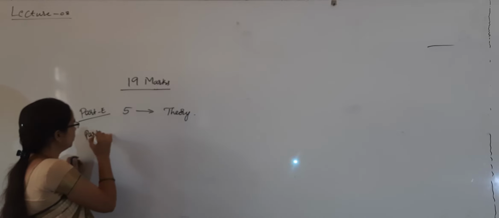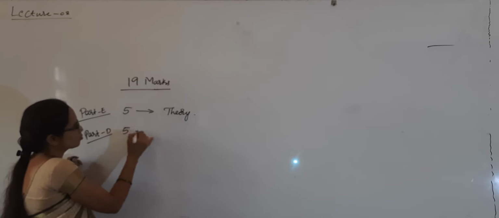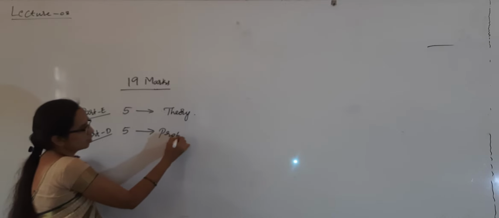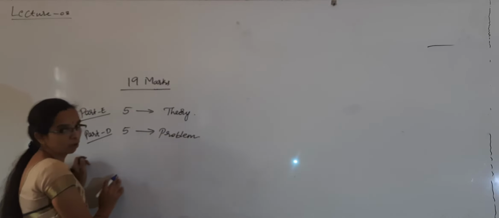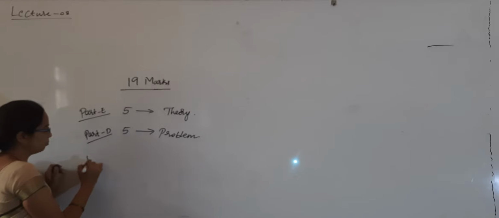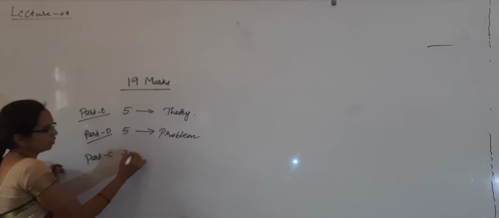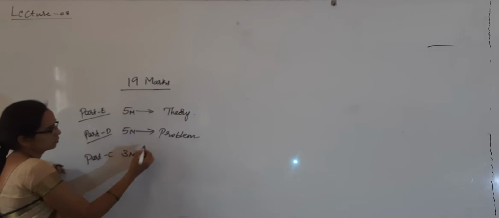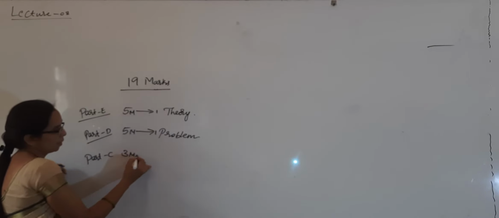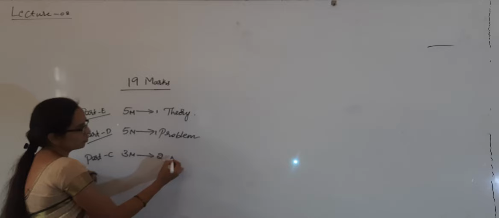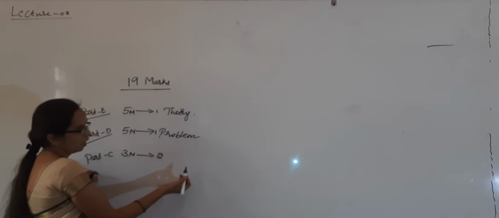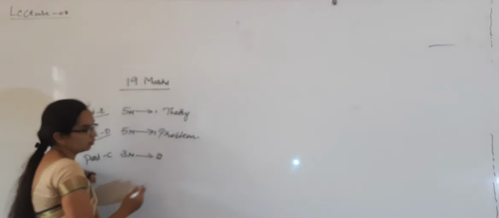In part D, you get 5 marks problems from this chapter. In part C, there will be 3 marks questions, 2 questions, either problem or theory. One problem and one theory, I guess.